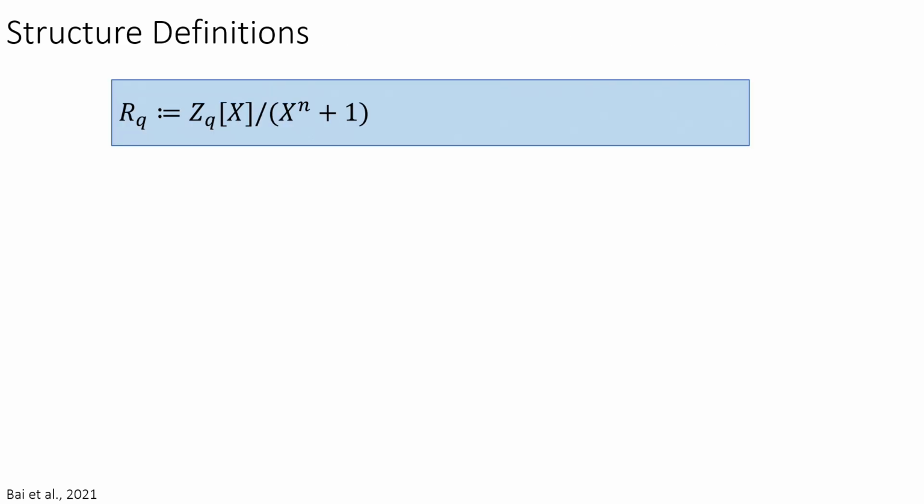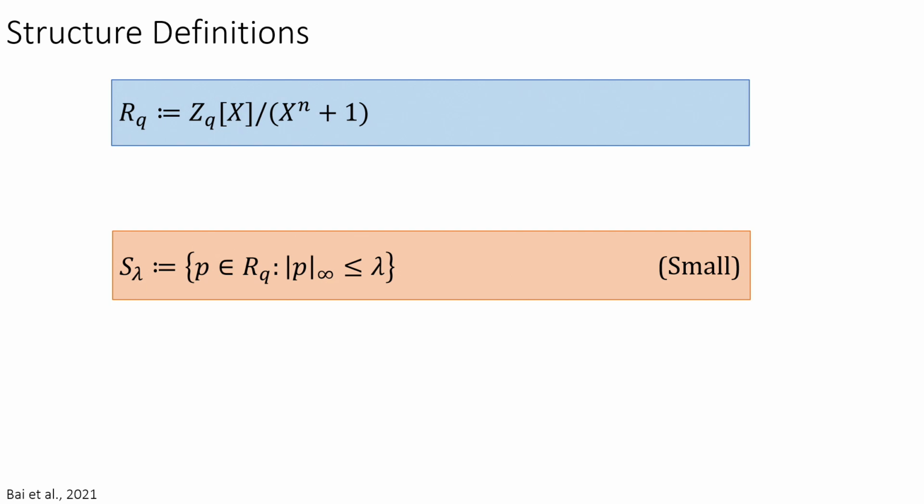Now, before we get into this proof, let's introduce just a few of the mathematical structures we'll be working with. First, we have R_q. This is the ring consisting of all polynomials with maximum coefficient q minus 1 and maximum degree n minus 1, as well as modular addition and multiplication operations.